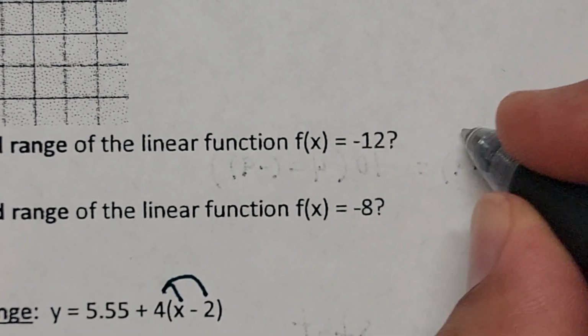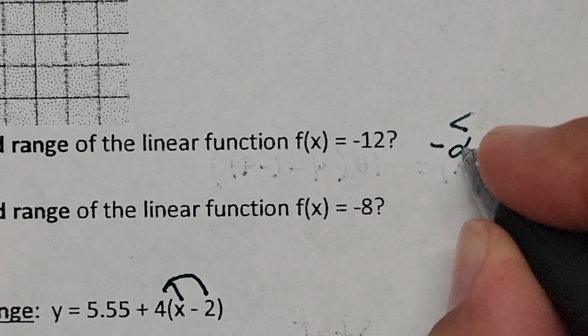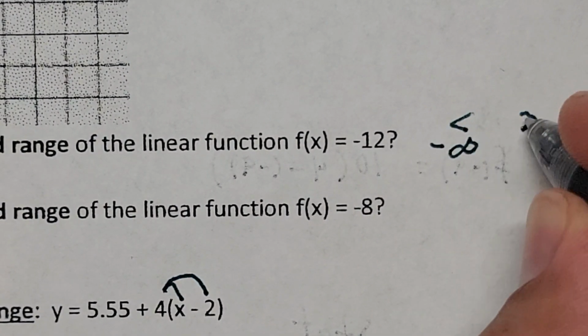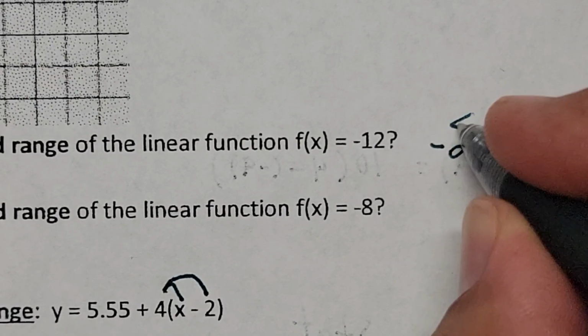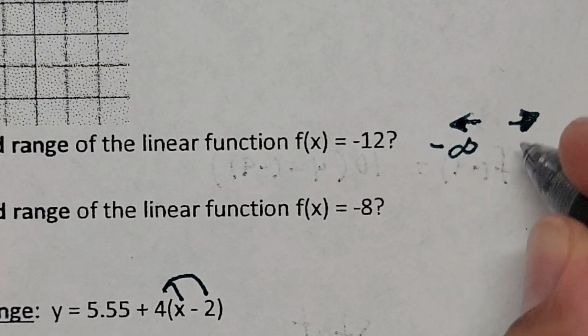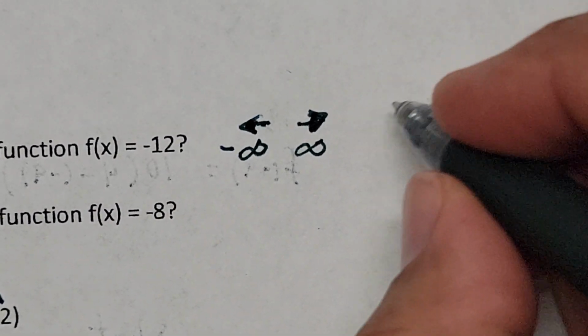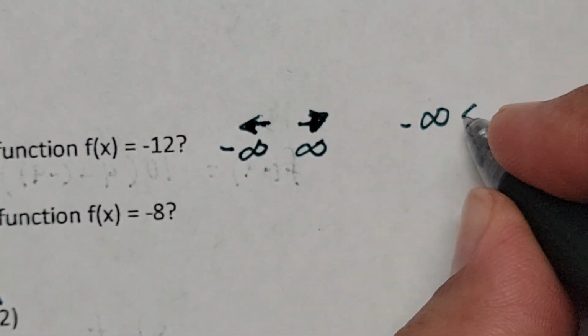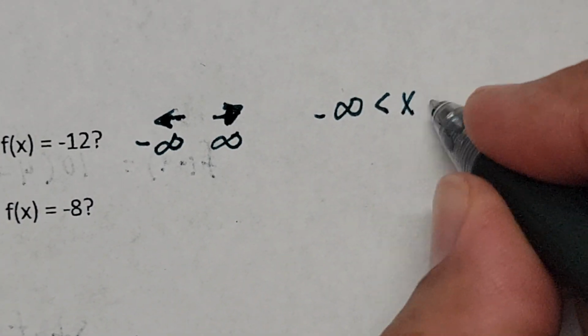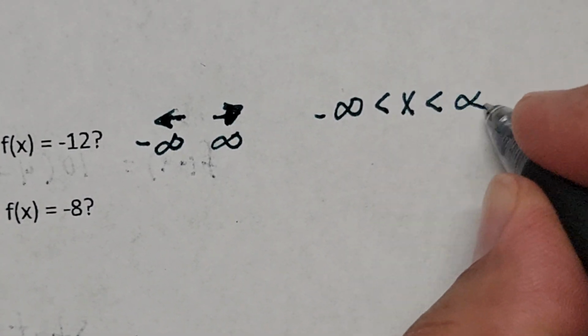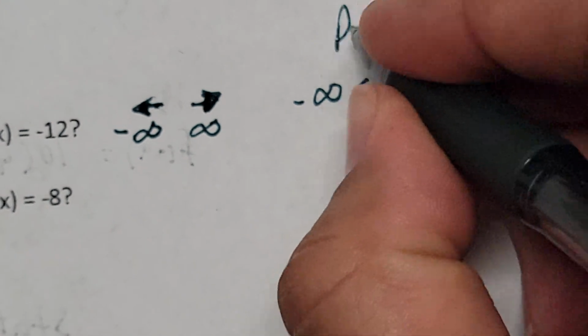So the domain, remember, when you go to the left, that's negative infinity. When you go to the right, that's positive infinity. So the domain is going to be negative infinity less than x and then positive infinity, like that. That's the domain.